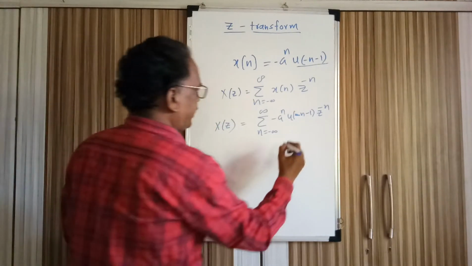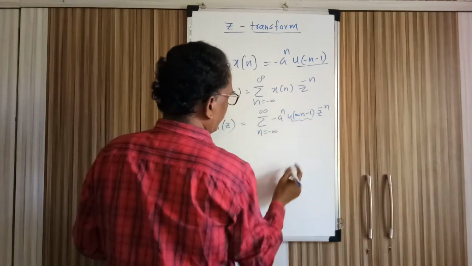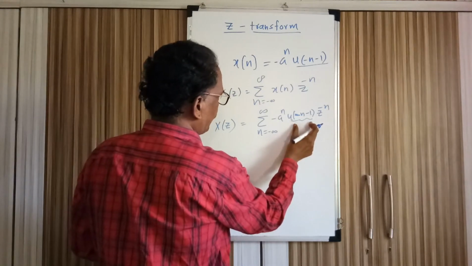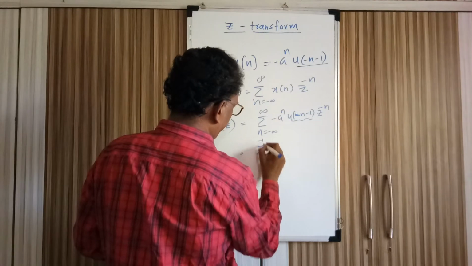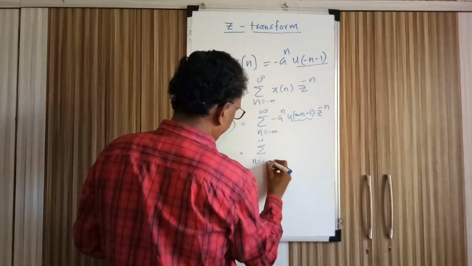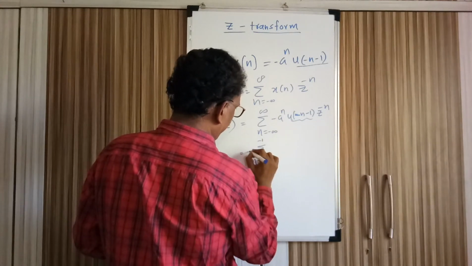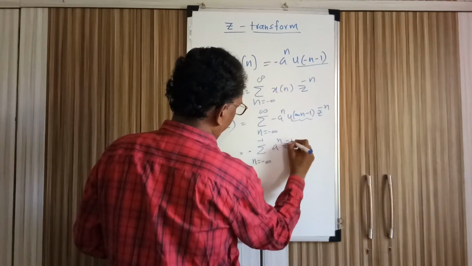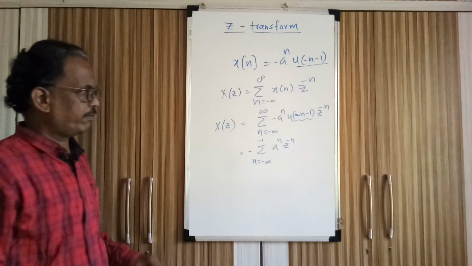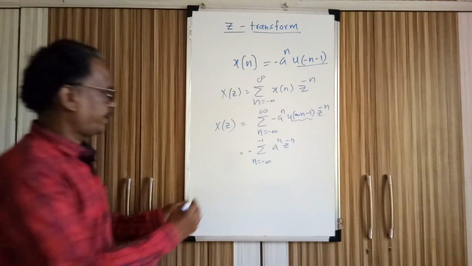Now the limit has to be changed accordingly. It is existing from minus 1 and going down to minus infinity. So we can say it is n equal to minus infinity to minus 1, minus sign you can pull out, a raised to n Z raised to minus n. So this is what we are getting here, that is X of z.